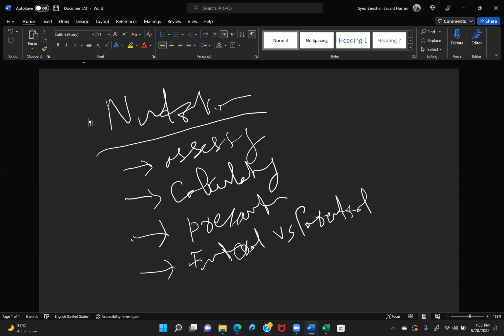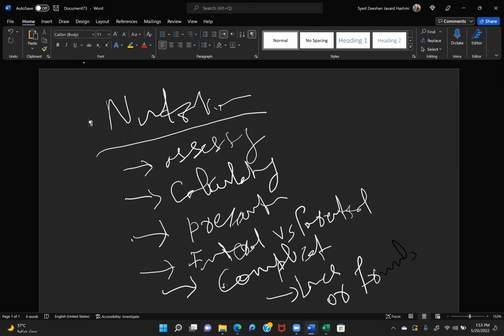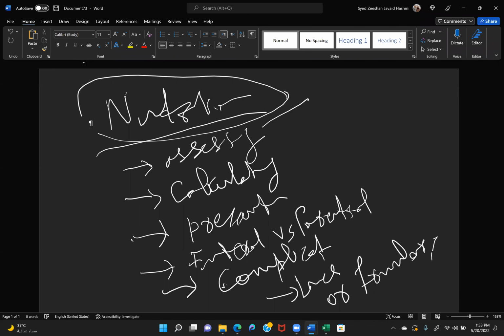And then the possible complications, related to the lines or to the formulary. If you want to target the topic of nutrition, you should be doing it like that. Assessment: there are some tools to assess the nutritional status. Then you will be calculating by some crude methods, like 20 to 30 kilocalories per kg per day. This is a crude method, or you can use the calorimetric method.